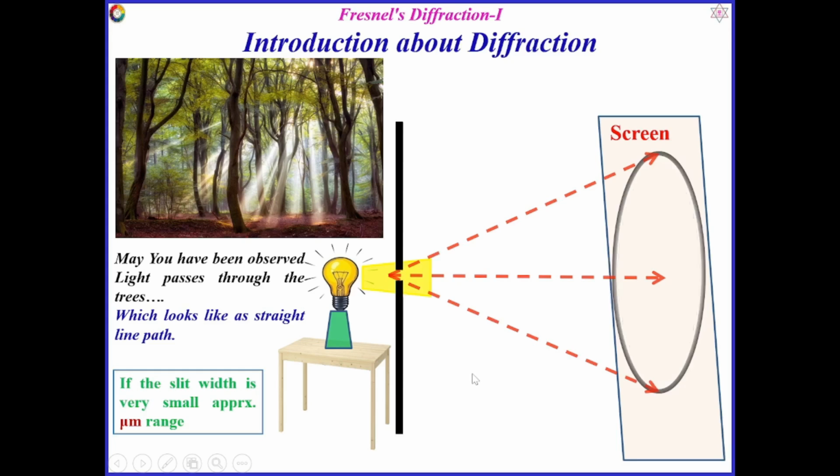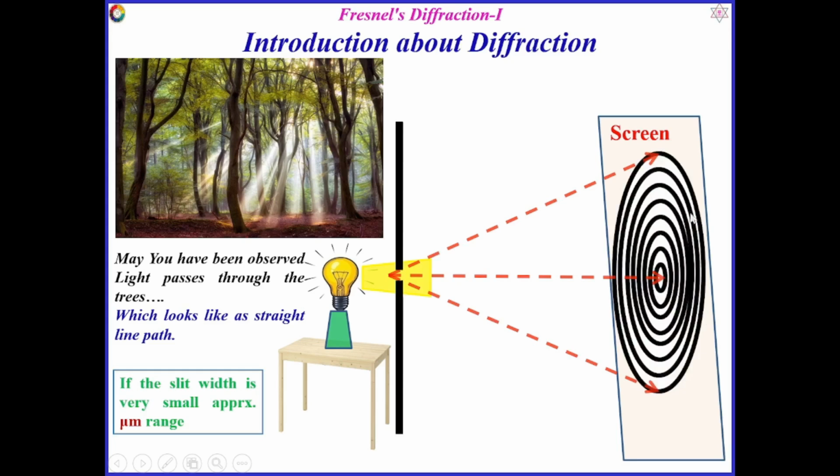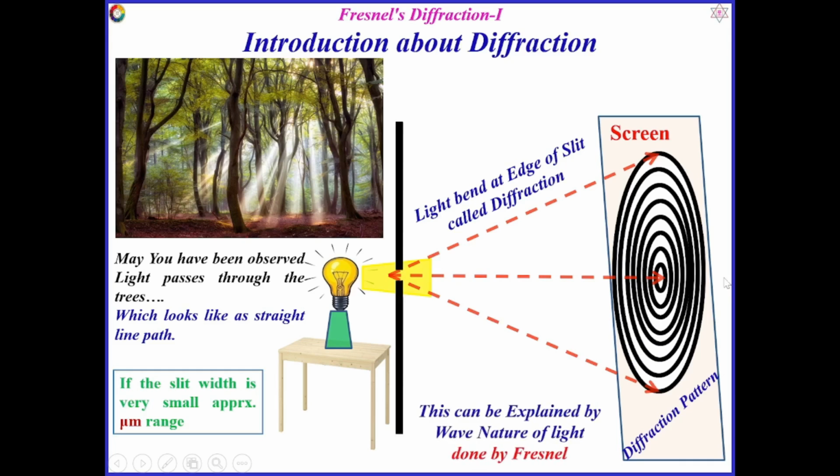We get the corresponding diffraction pattern like this: bright and dark fringes we can observe on the screen. This is the so-called diffraction, or we can say light bends at the edge of the slit, and this is called the diffraction pattern. This diffraction pattern can be explained by the wave nature of light, which was done by Fresnel.